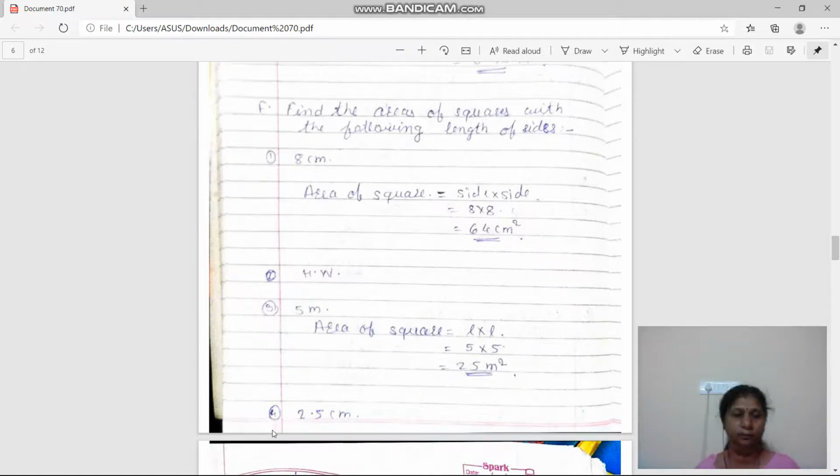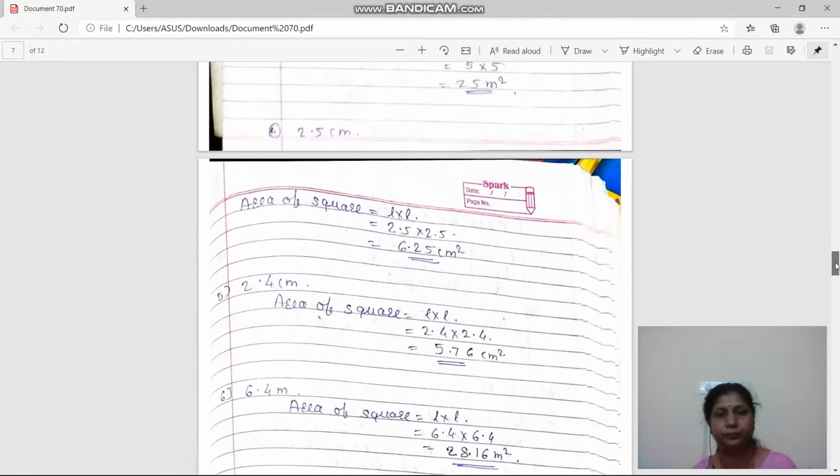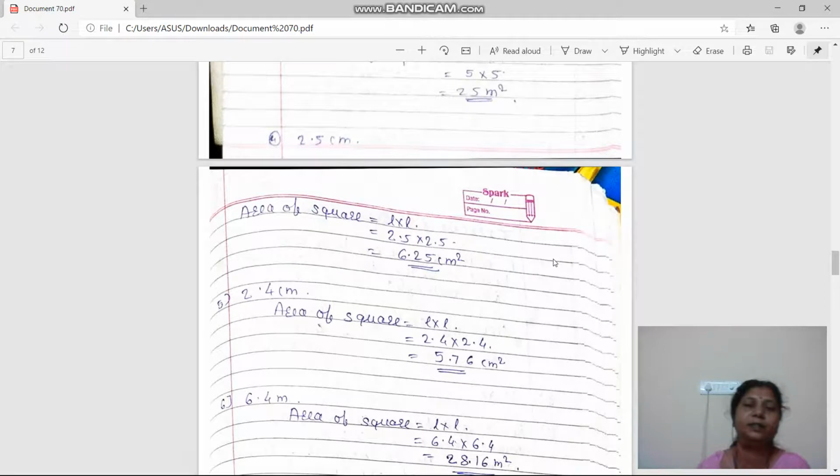So next, 2.5 centimeter. Now it is in centimeter. Area of square is equal to L into L, or you can write here side into side. Always write the short form. That's why L into L, that is 2.5 multiplied by 2.5. We get 6.25 centimeter square. Okay. Next 2.4 centimeter.